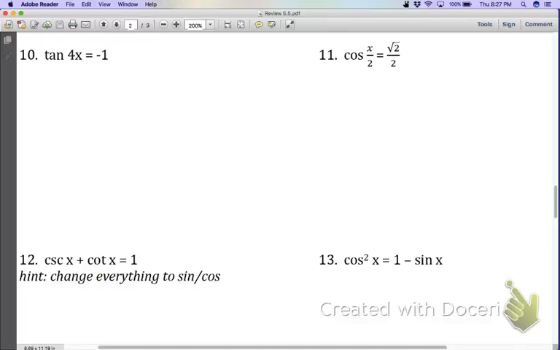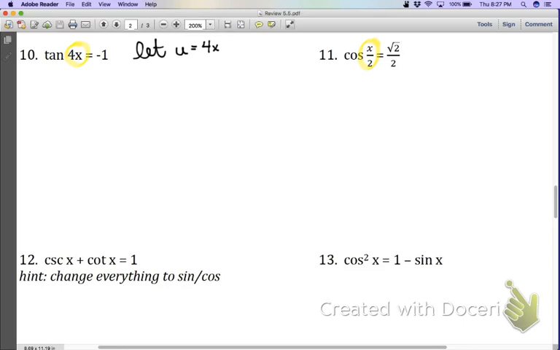All right, with number 10, you have tangent of 4x equals negative 1. With any of these, anything where you have a 4x or a pi over 2, you want to let u, or c, or b, or whatever, equal the 4x.